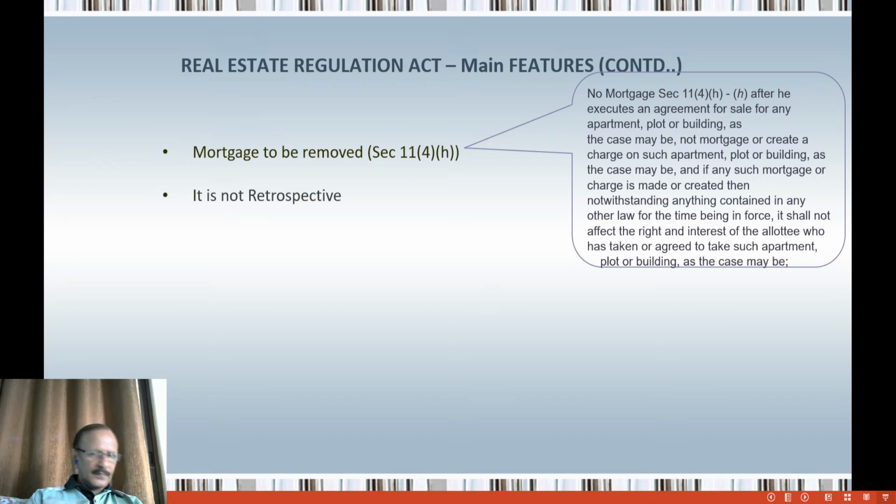Retrospective. The law is effective from May 2017 when it was made effective, and not from any previous period. So it is not retrospective, but all under-construction projects were brought under its ambit, even if the agreement was made earlier. This was challenged by many firms.